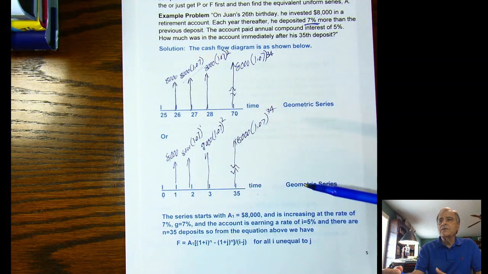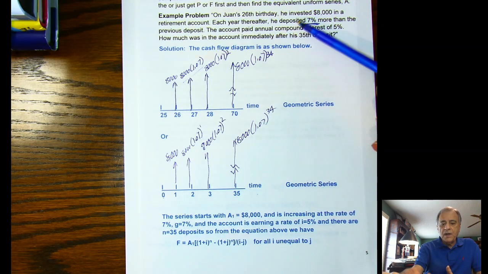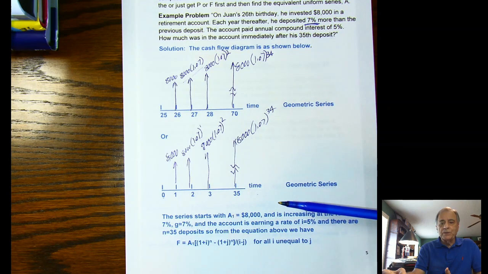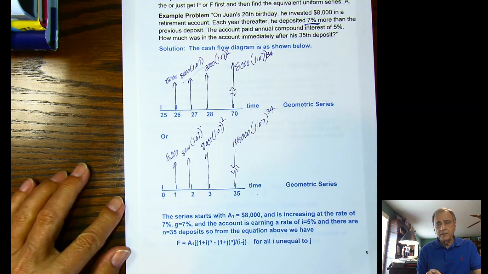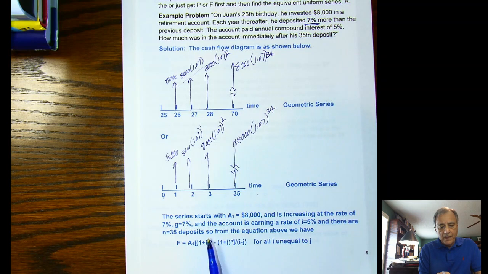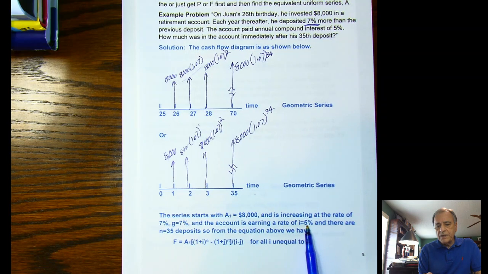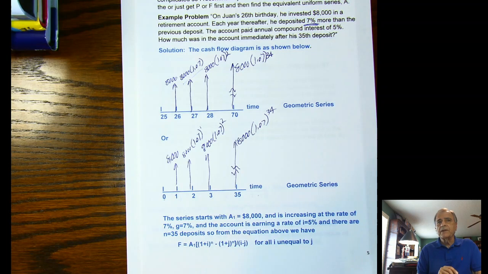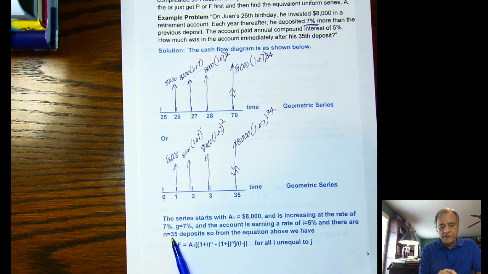By the way, whenever I pose a problem and then start giving the solution, it's usually in blue, whereas the problem is in black ink, just like the rest of the course or the notes. And the account is earning at the rate of 5%. So not only is he depositing 7% more each period, but he's earning interest on this retirement account at the rate of 5%. And there are 35 deposits.